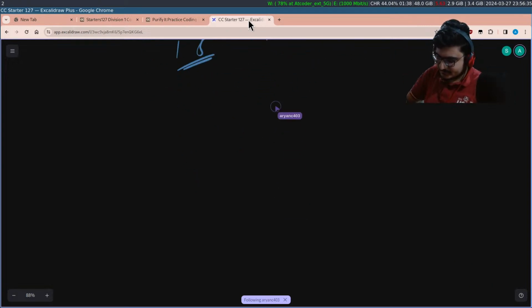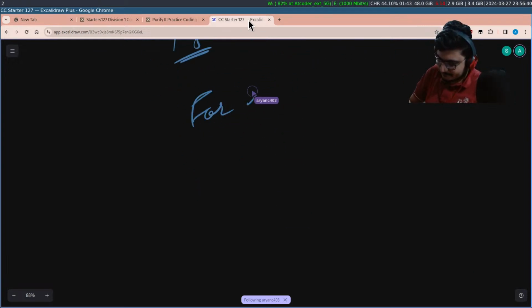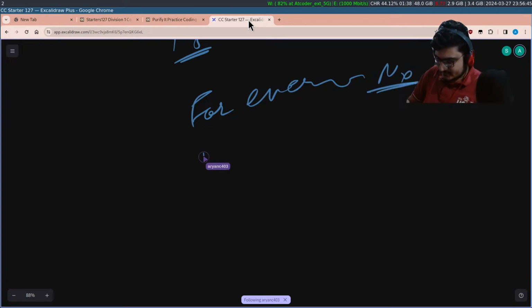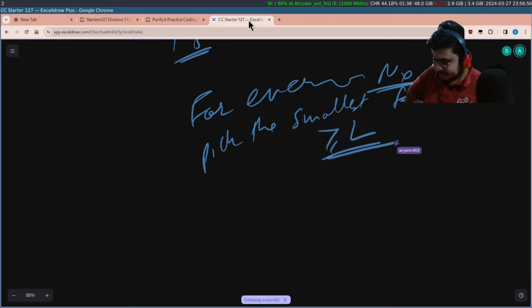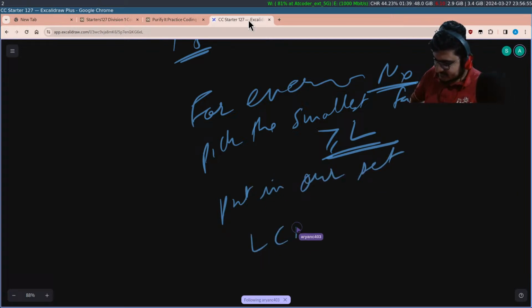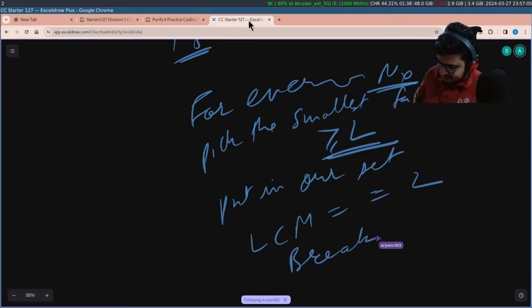So the idea is for every number, pick the smallest divisor greater than or equal to L and put it in our set. If the LCM becomes equal to the number, then break. Otherwise, keep repeating the cycle.